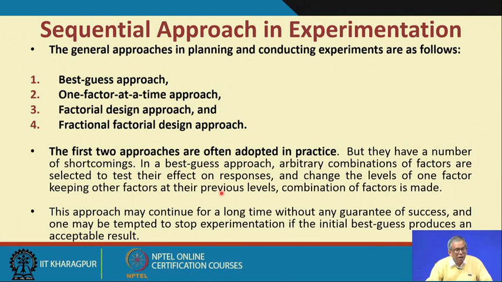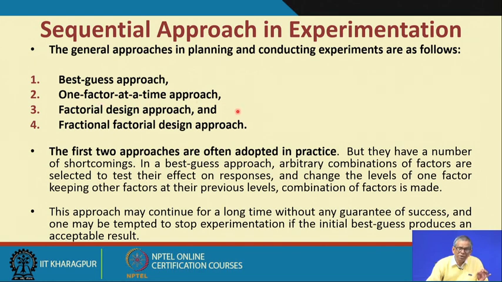Subsequently, we will discuss different experimental methods. So, what are the approaches we will follow? The best guess approach you can follow, and the one factor at a time approach.